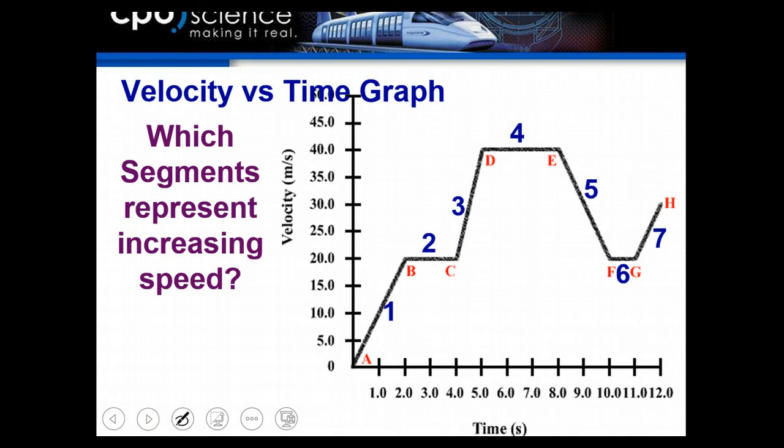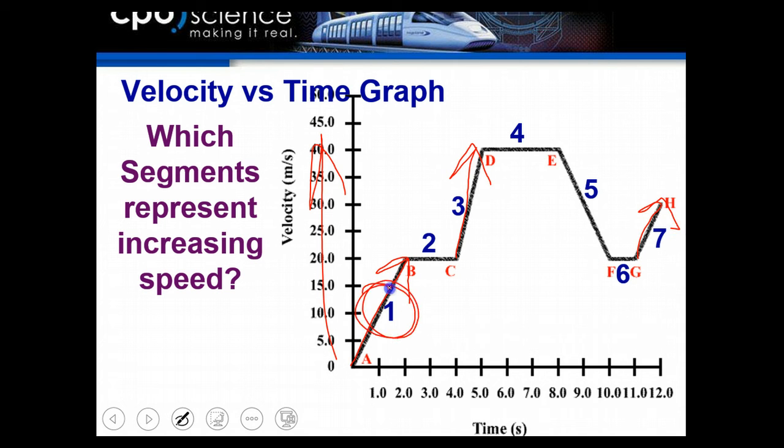Okay, so here's the velocity versus time graph. What I need you to find out for me is which segments are representing increasing speed. And this one's pretty easy, right, because here is the speed, or velocity, and so which ones are increasing? So the segments that are going up.